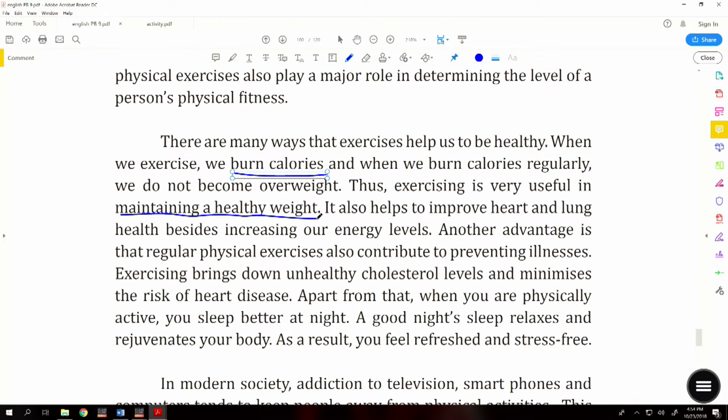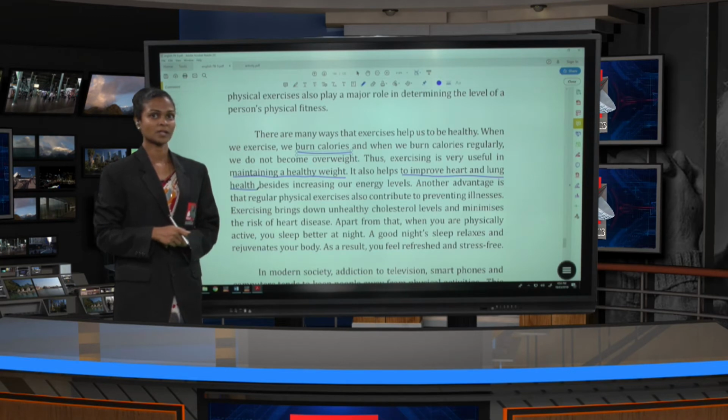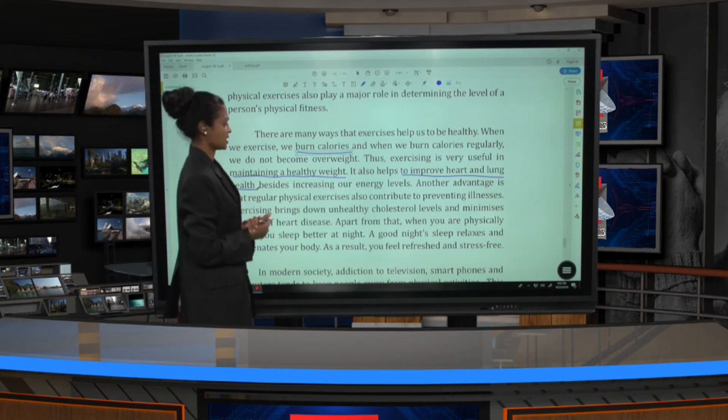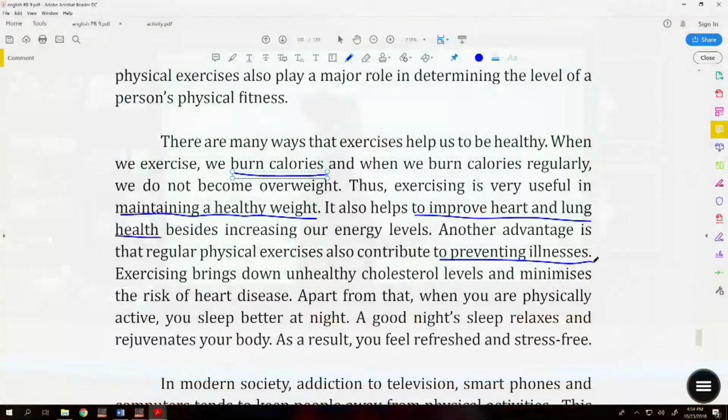It also helps to improve heart and lung health, to improve heart and lung health. Then helps to prevent illnesses.